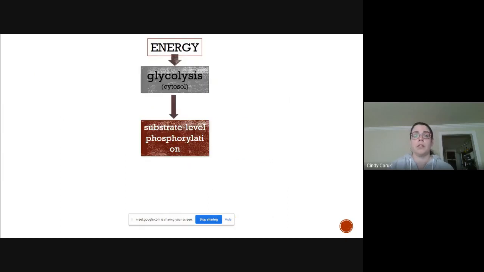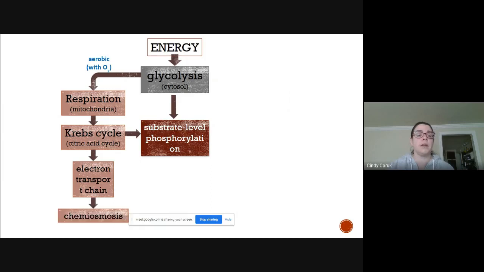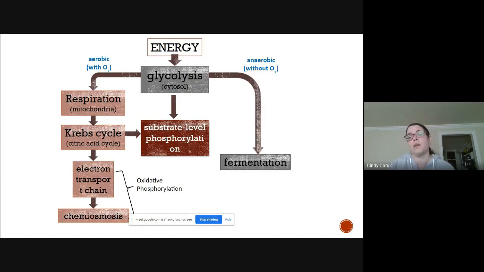So glycolysis in the cytosol, that's going to be substrate level. Krebs is going to happen in the mitochondria, right? That's going to require oxygen, but it's also substrate level. Electron transport chain is also in the mitochondria, but these are both oxidative phosphorylation, the electron transport chain with chemiosmosis.